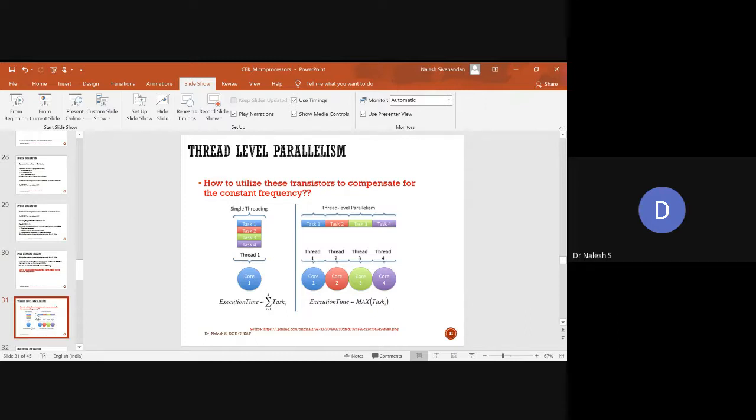Thread level parallelism means, in your processor, it is not just one program you are running, you might be running multiple programs. In sequential programs, all these programs or tasks have to be executed sequentially. Instead, you can have multiple cores in which you execute these threads. Assuming these threads are independent, you can execute them in parallel and reduce the execution time.